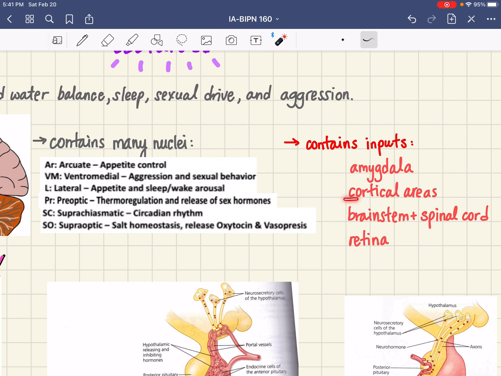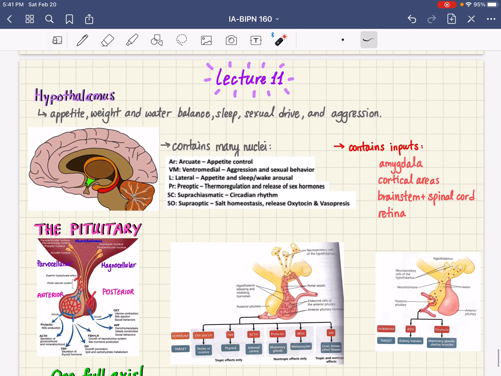Different cortical areas also input into the hypothalamus, the brainstem and spinal cord, and also, of course, the retina, because signals directly from our retinas or from our eyes are what's going to help us with the circadian rhythms, right, that we will discuss in Lecture 12. Okay, so know the inputs to the hypothalamus also. So that was kind of an overview of the hypothalamus.